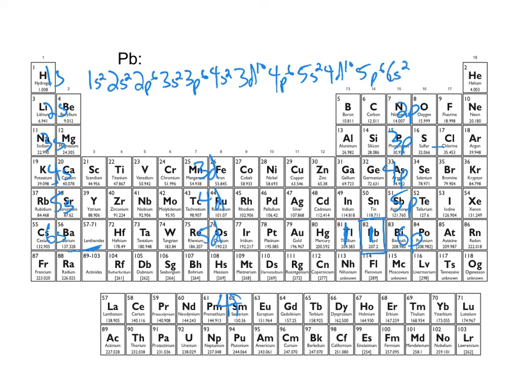So I'm at the 6s, now the 4f, and there are 7 f orbitals, so I can put 14 electrons in that full f subshell, then finally 5d10, and then we'll finish it off with 6p2. And that would be the electron configuration for lead.